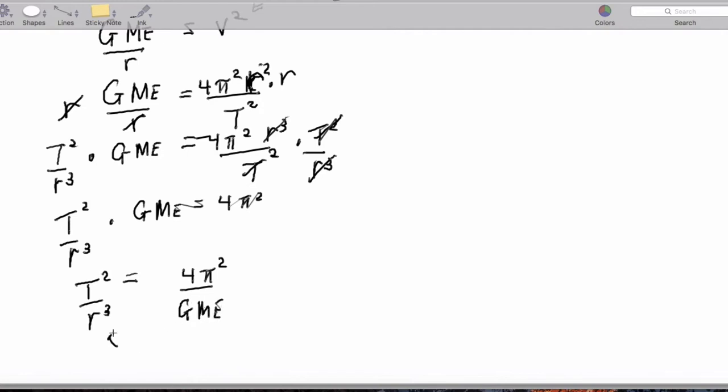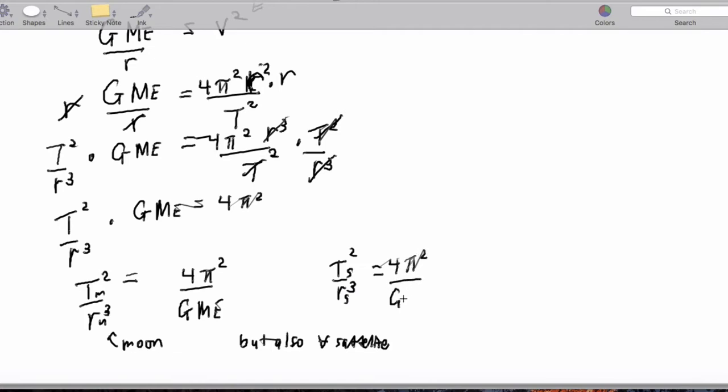Now here's the thing. This is true for the moon, okay? It's also true for any satellite. So I can actually write T squared over r cubed for the moon is this, but also for a satellite, it's that 4 pi squared over G M_E.